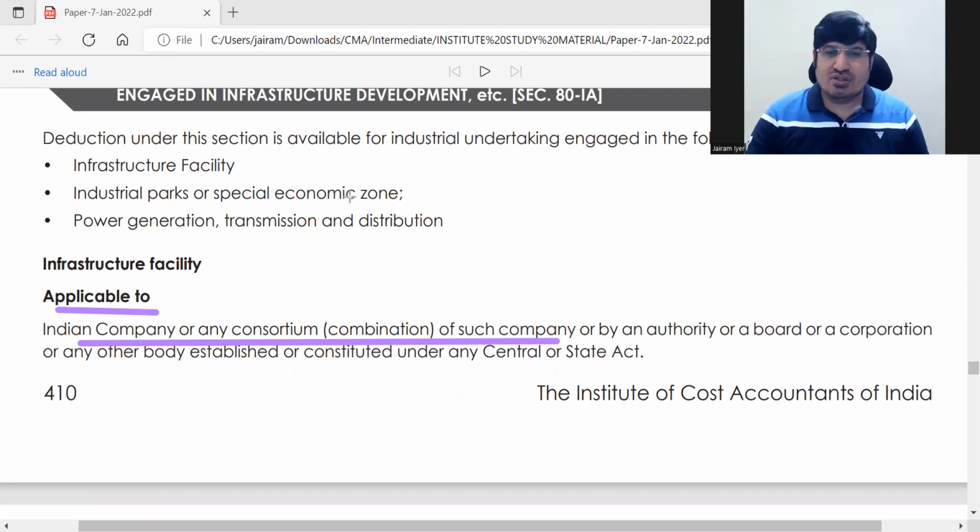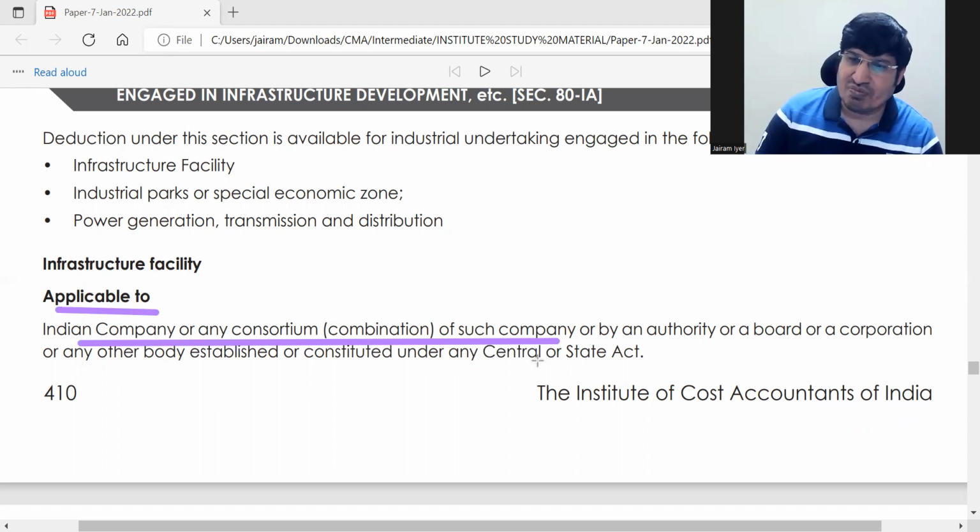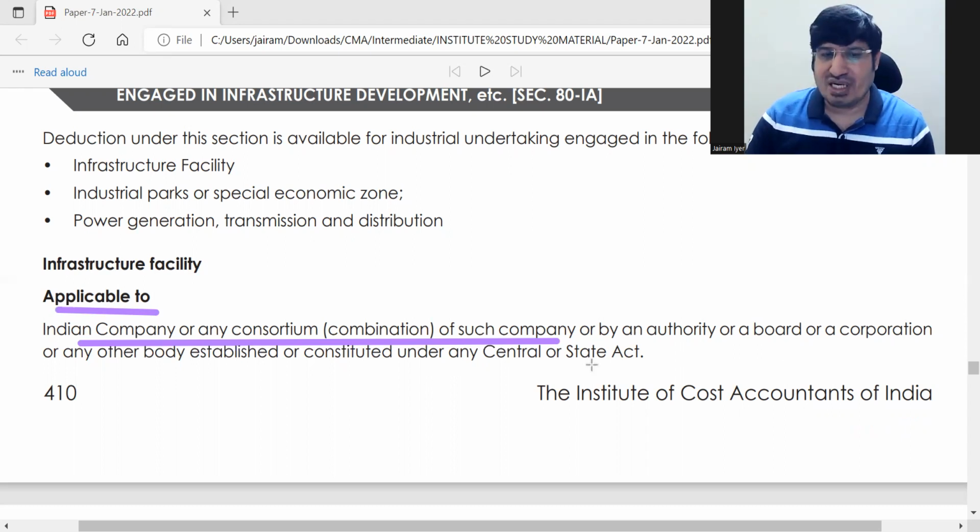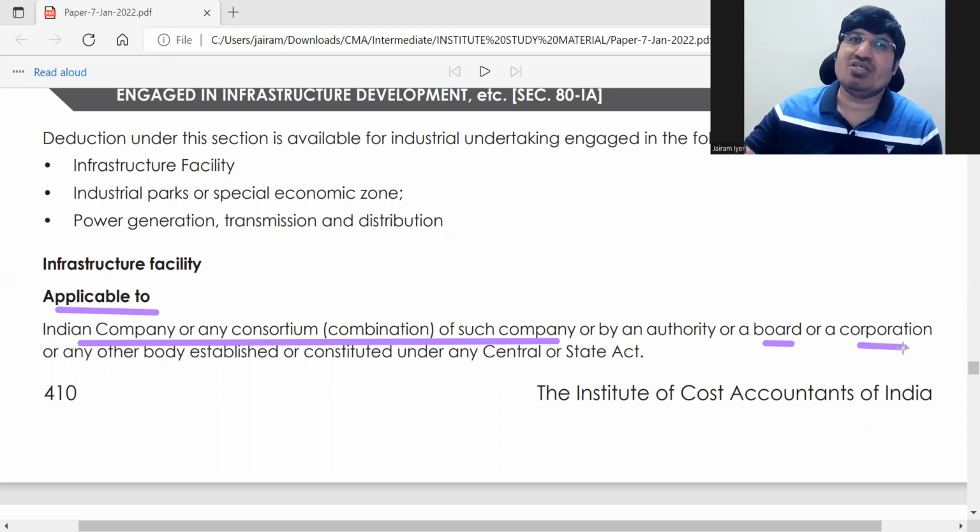So an Indian company or consortium of companies or a statutory company. Now a statutory company is a government company. You also have boards, corporations, etc. to manage those things.